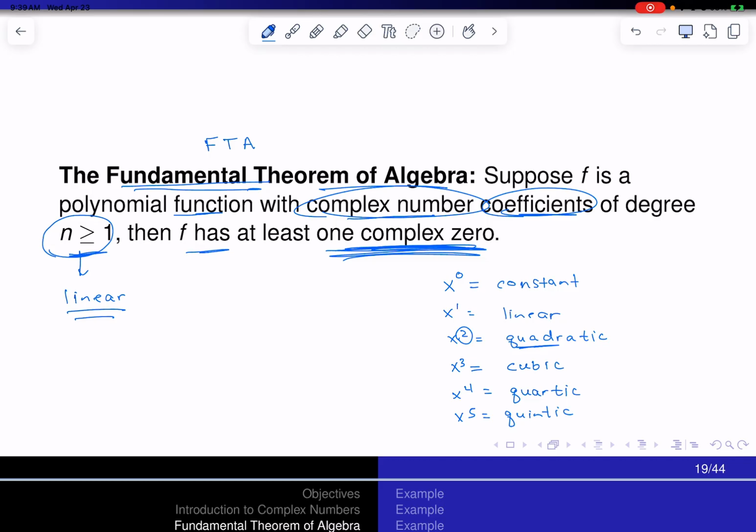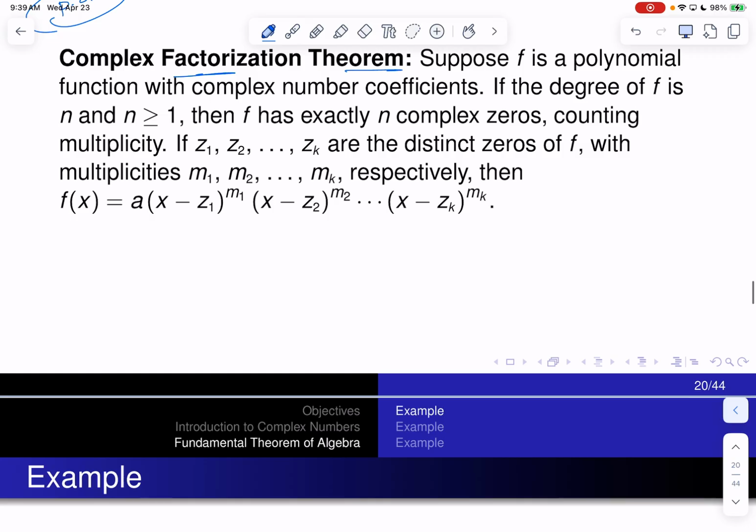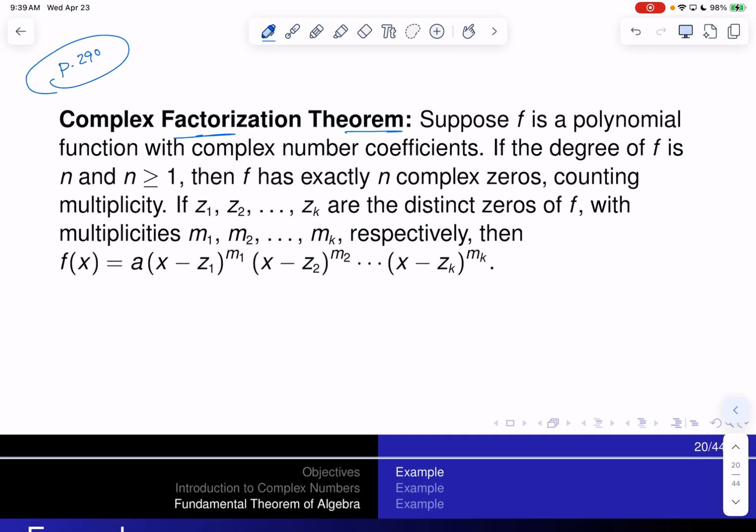The fundamental theorem of algebra says that if you have complex coefficients and degree n greater than or equal to 1, so it's at least linear, then you're going to have at least one complex zero, which means one zero that has an imaginary part, or it's going to be irrational. So that's why you need this, to find those really complicated ones that you can't use factoring for. Okay?